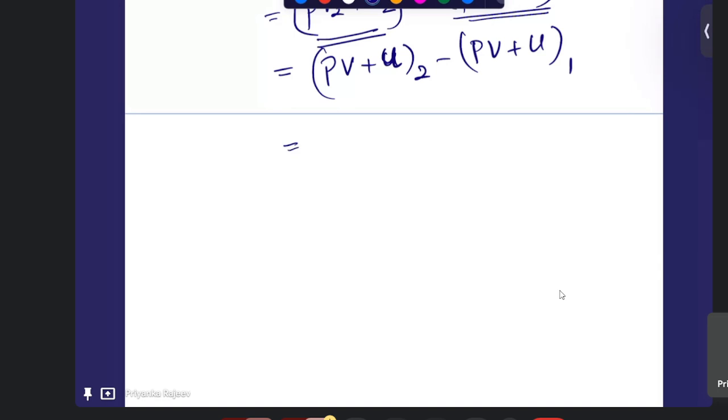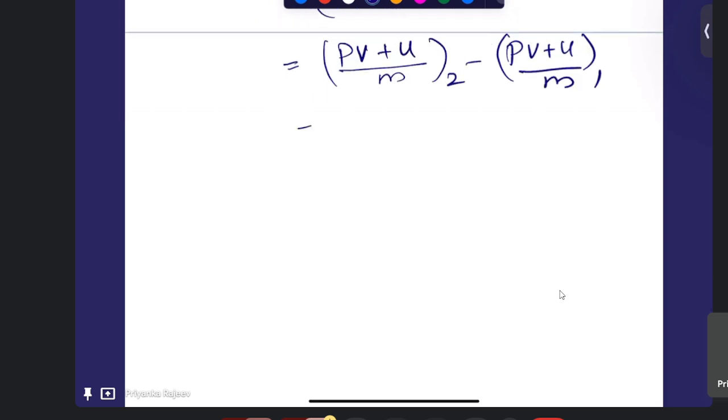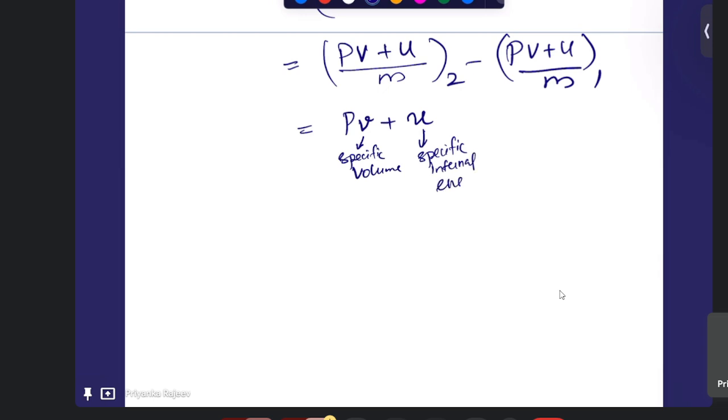I divide the whole term by m: (PV plus U) by m at 2 minus (PV plus U) by m at 1. Dividing by m, V by m is specific volume, so P small v plus U by m, which is small u, the specific internal energy, of state 2 minus P v plus u of state 1.